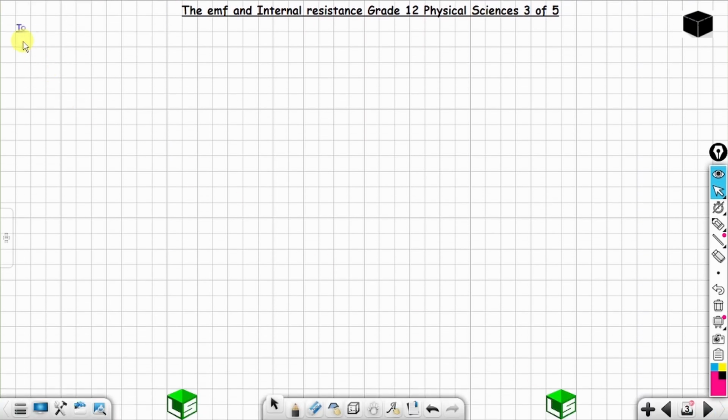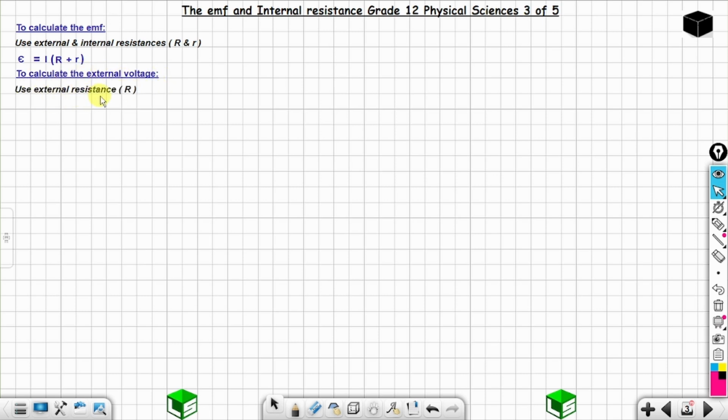So to calculate the EMF, use external and internal resistances, uppercase R and lowercase r. So you are going to have this. To calculate the external voltage, you are going to use only the external resistance, uppercase R. So for external voltage, you have this.